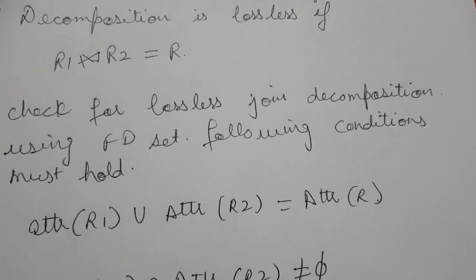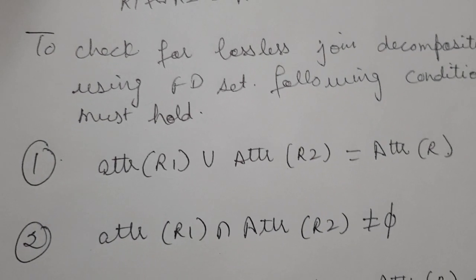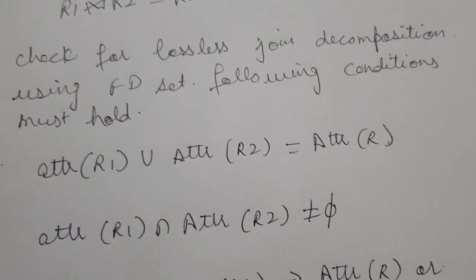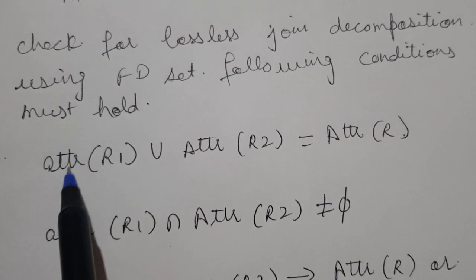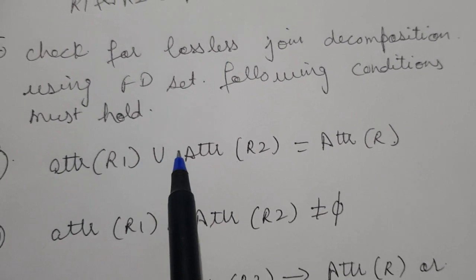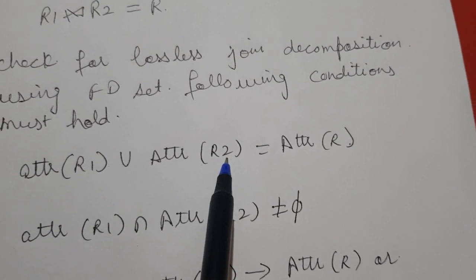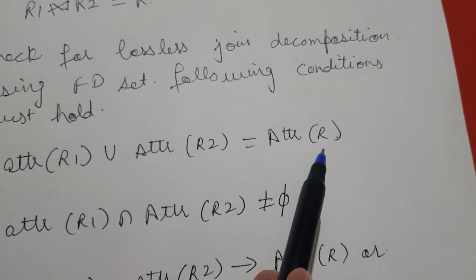So the first condition says the union of attributes of R1 and attributes of R2 must be equal to the original relation.